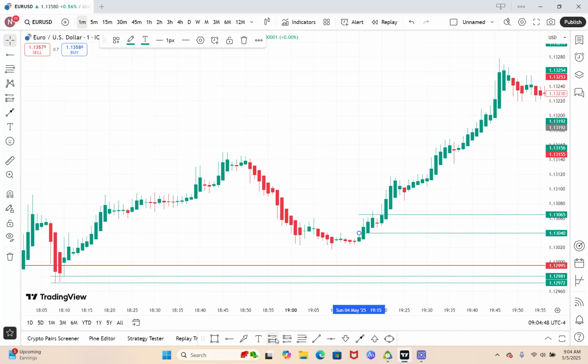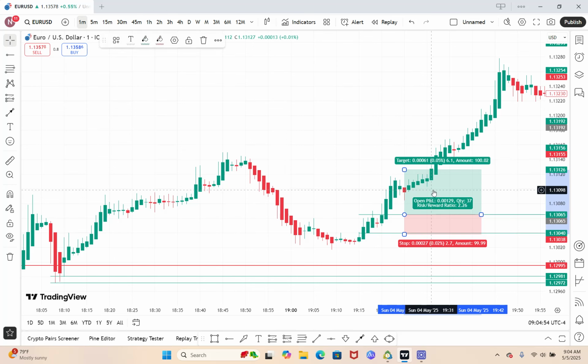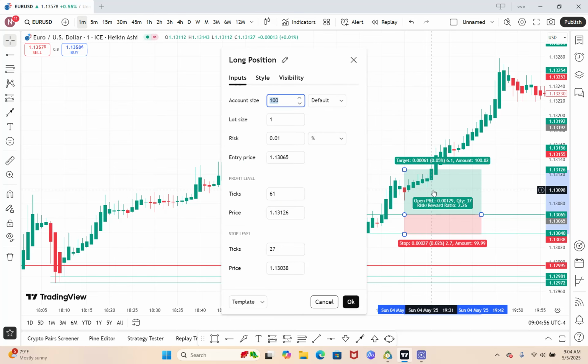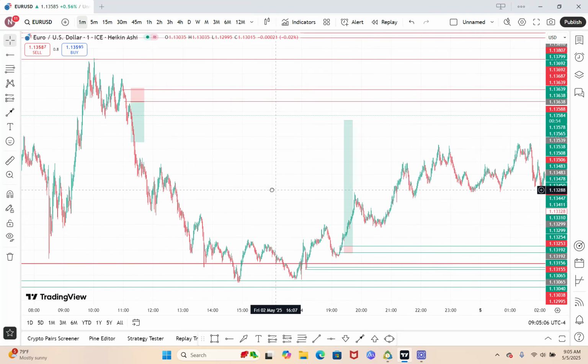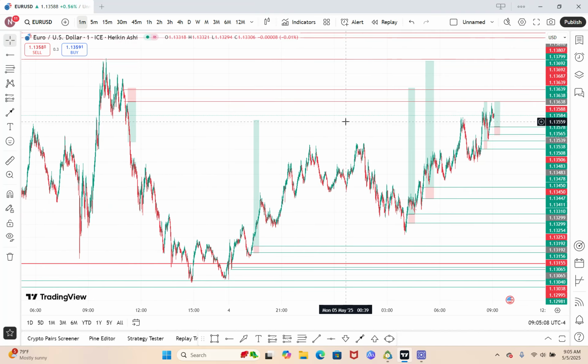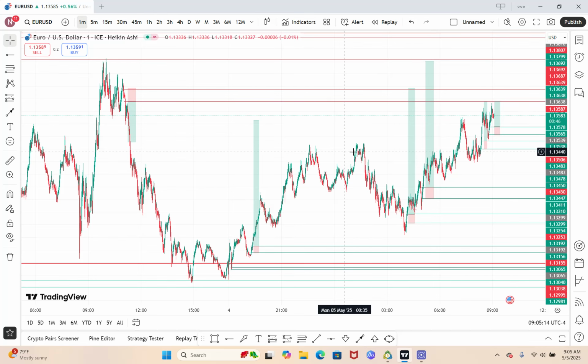Right, so let's see. Risking 27 pip, make 500. Alright, we have a profitability of 500 pip because market went all the way up to here, which is more than 500 pip.